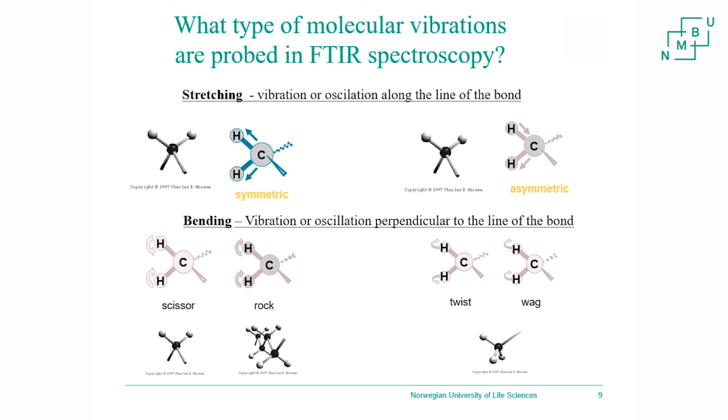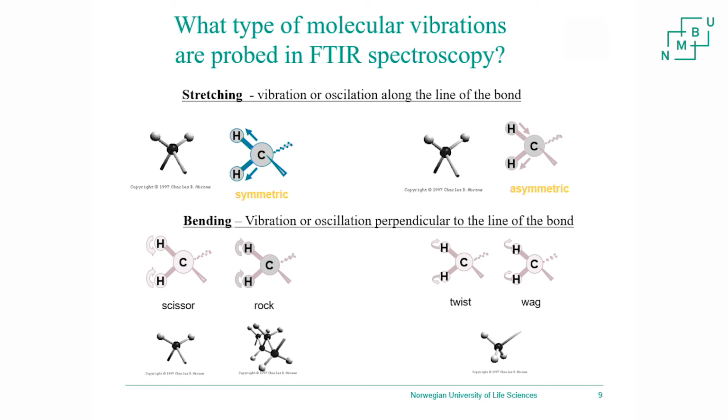What types of molecular vibrations could be probed by Fourier transform infrared spectroscopy? Here you see different types of molecular vibrations. There are two big groups of molecular vibrations we can probe: stretching and bending.